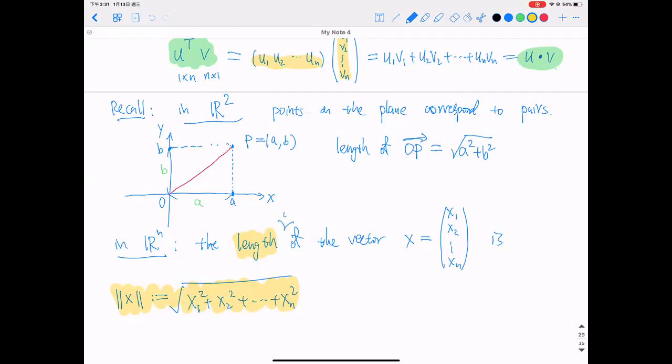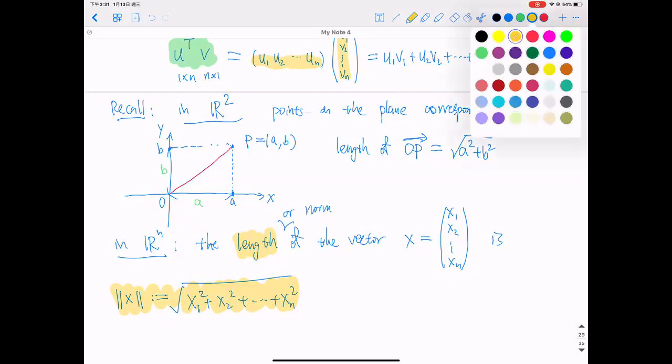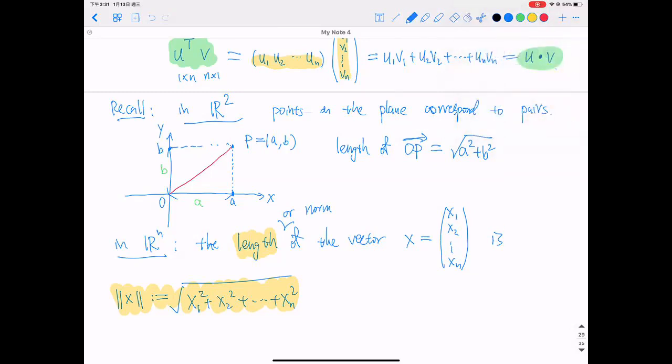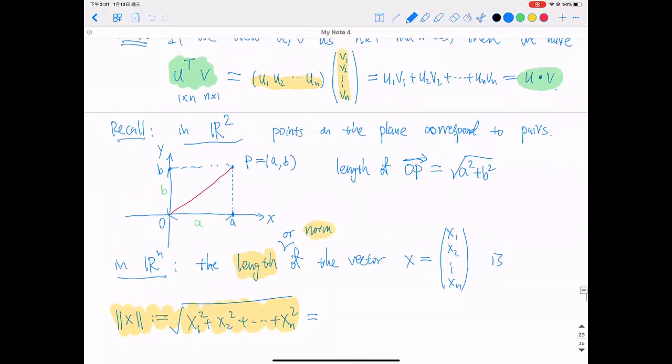It's called the norm. Now, of course, using the observation we just had about dot products and matrix multiplication, this is also equal to the square root of x transpose times x.